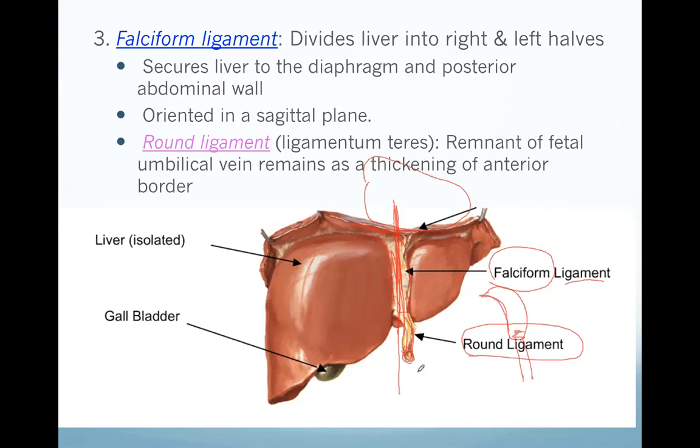And this is actually a remnant of one of the fetal veins that would be carrying blood from the mother to the fetus from the umbilicus. So I have here the round ligament, also referred to as ligamentum teres. Remember the term teres means cylinder, so that's why they're using that term teres, because it looks like a cylinder. And again, it's a remnant of the fetal umbilical vein.